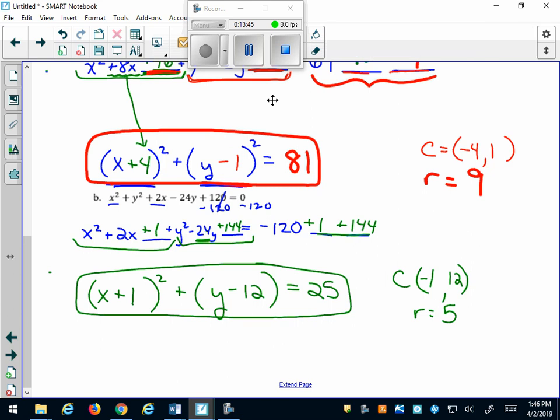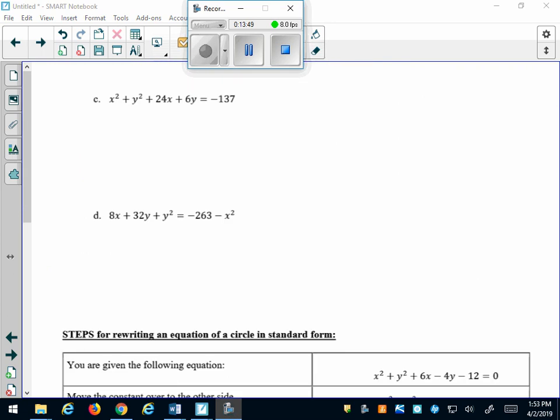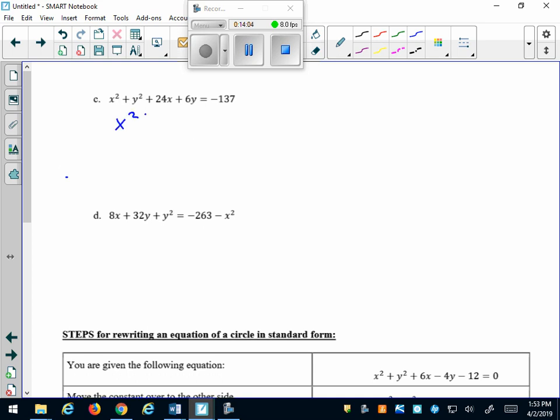Okay, I'm gonna have you guys try C and D on the back. Okay, for this first one, you should have gotten x squared plus 24x, add 144, plus y squared plus 6y plus 9 equals negative 137, and then add the 144 and the 9.